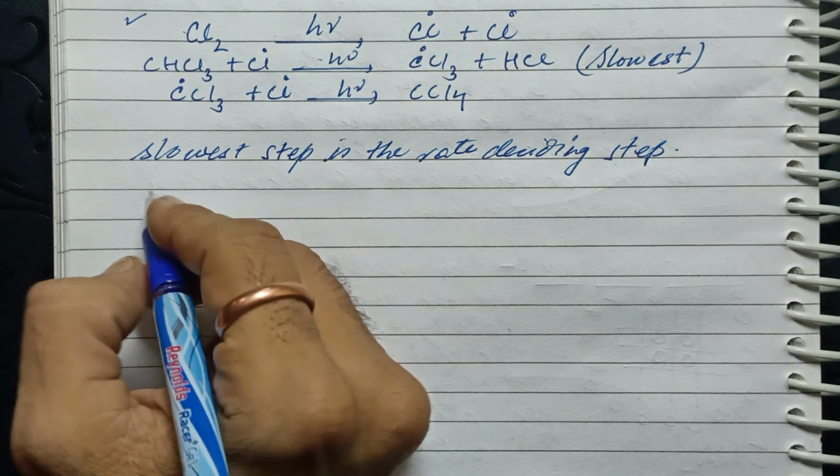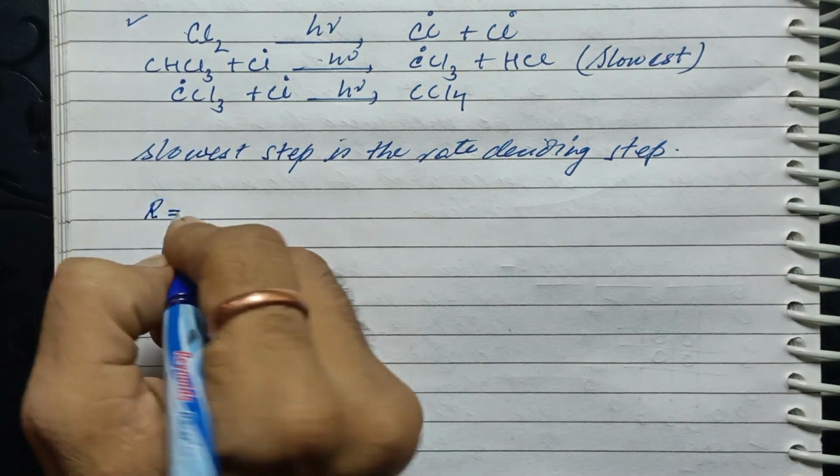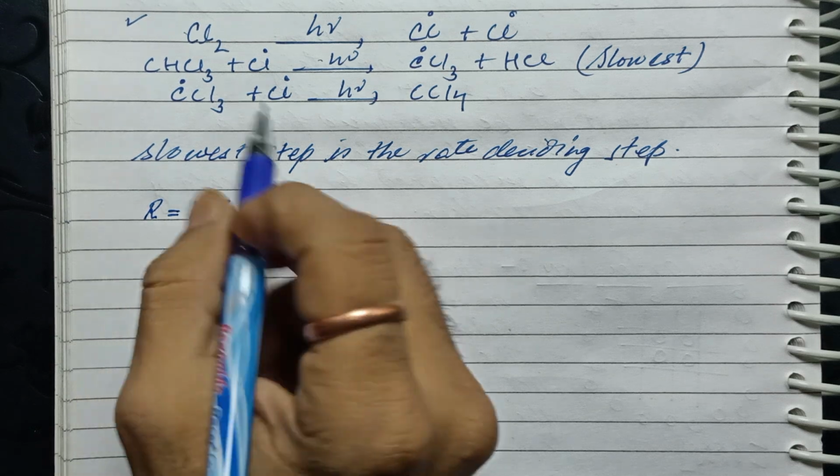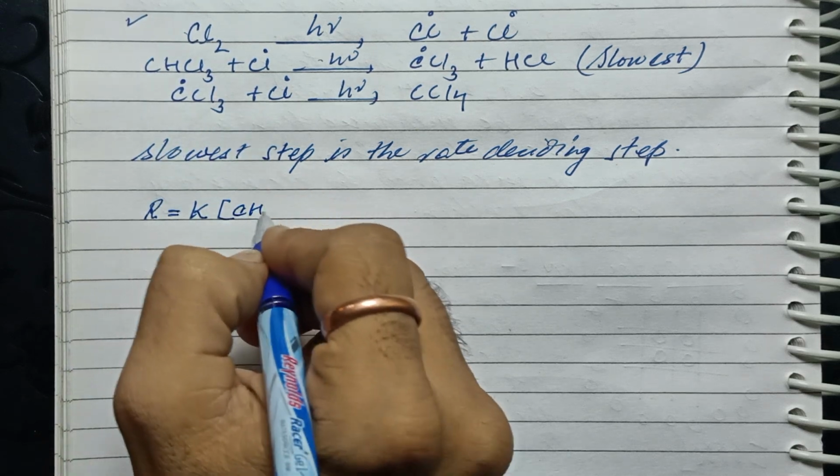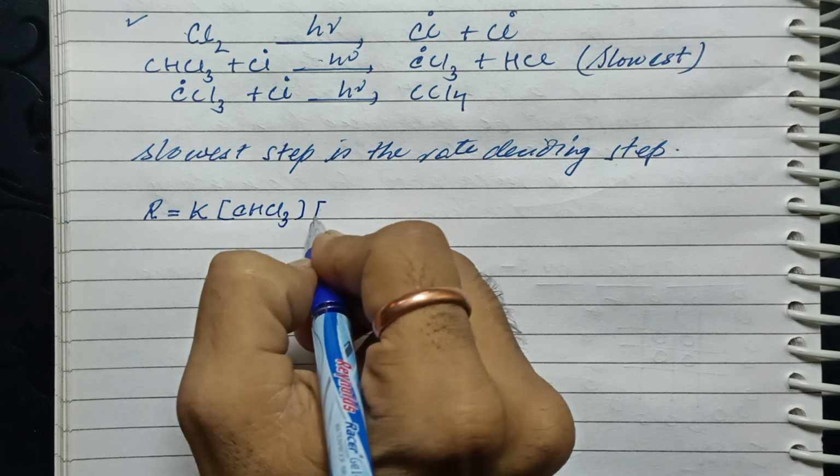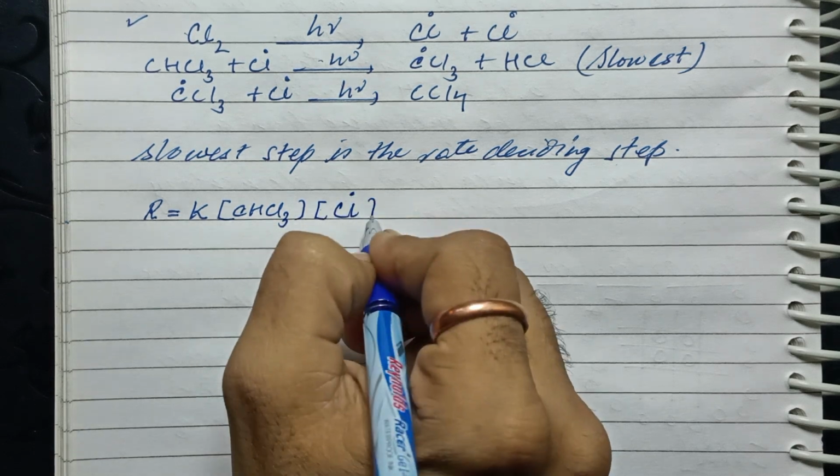Now we write the rate from this slowest step: R is equal to K concentration of CHCl3 and concentration of Cl free radical.